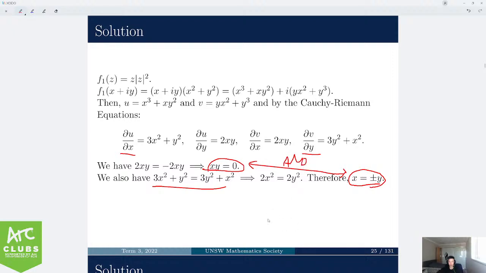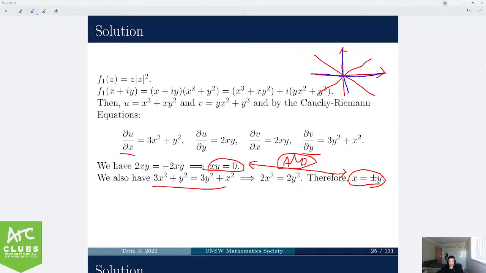If we just consider the graph, xy equals 0 simply represents the real and imaginary axes, and x equals plus minus y represents these two lines. Essentially, since we have an AND relationship, we're going to be finding the intersection between these two.